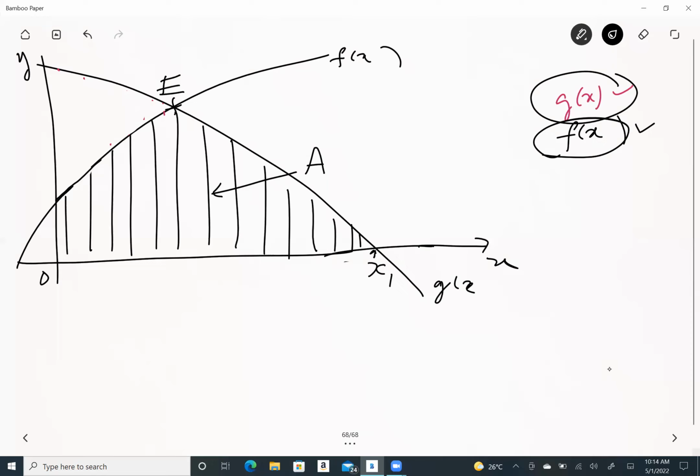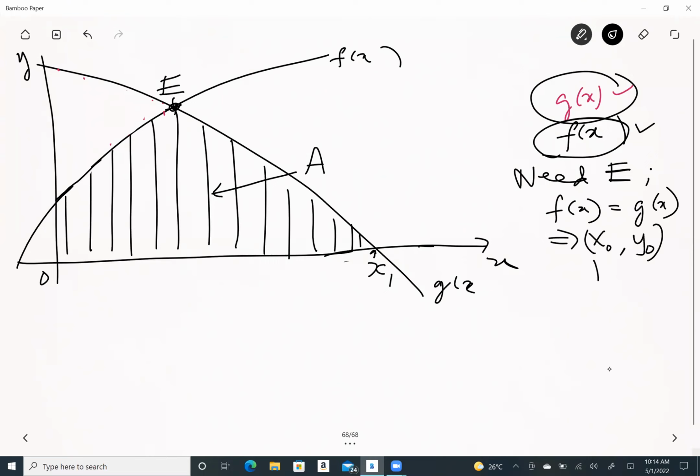Because that is the separation point. So here, what you need is E. How do you get E? You solve f of x equal to g of x. Then let's say I get x0, y0, but I need only x0.